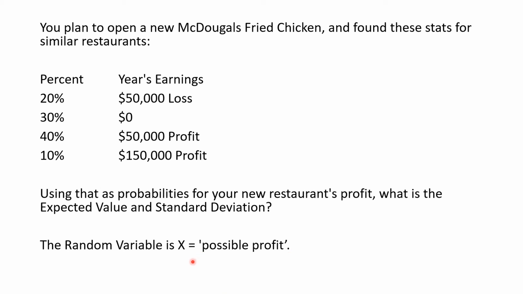Whether it's the profit or the loss, or tossing a coin, whether head or tail is your success, based on the question you decide. For this one, the random variable X is possible profit, because the question says your new restaurant's profit. So how are you going to convert this in terms of probability? We will look at it in the next slide.